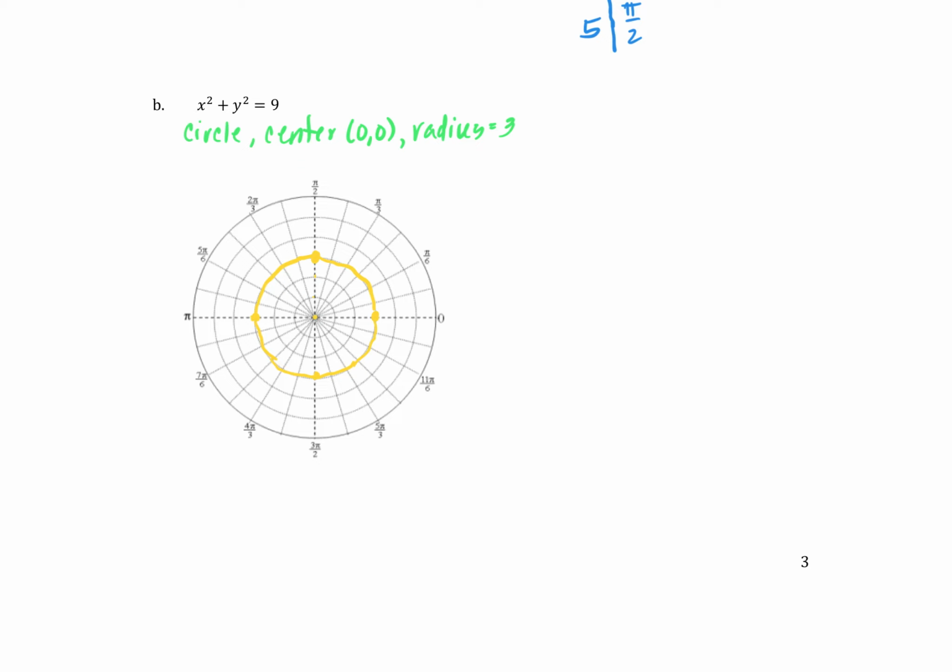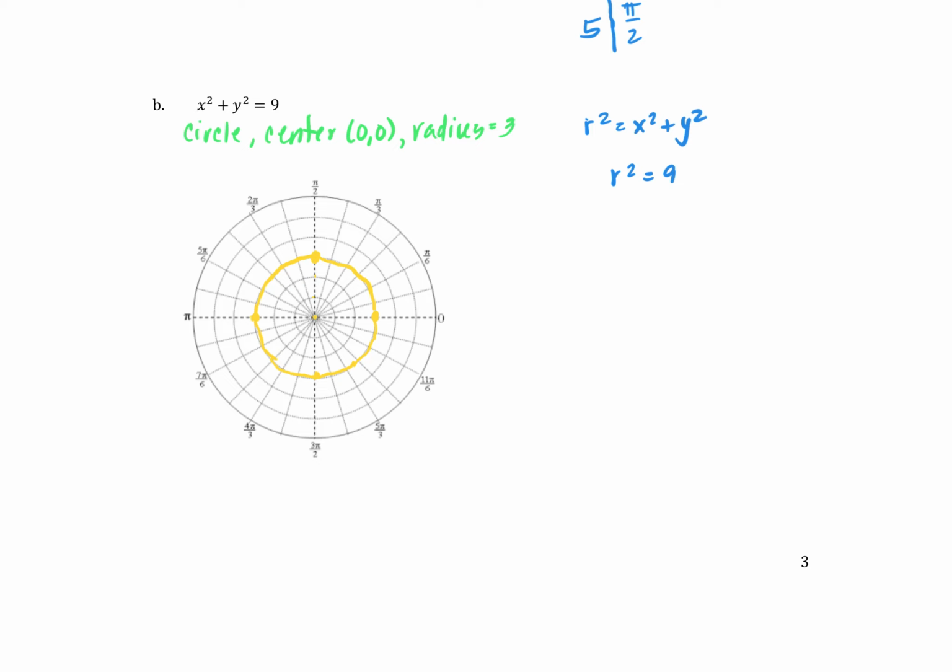But notice that x squared plus y squared, that's r squared, on the very first page when we're looking at those conversions. So I can replace the x squared plus y squared on the left-hand side with simply r squared, and that would be equal to 9.